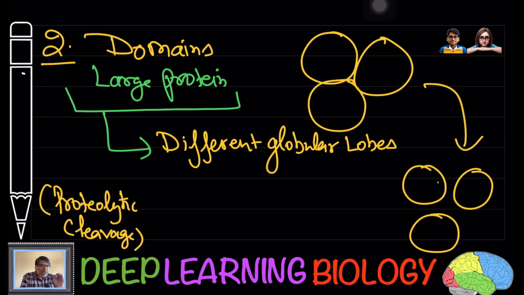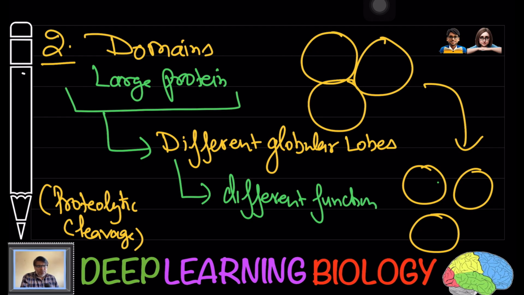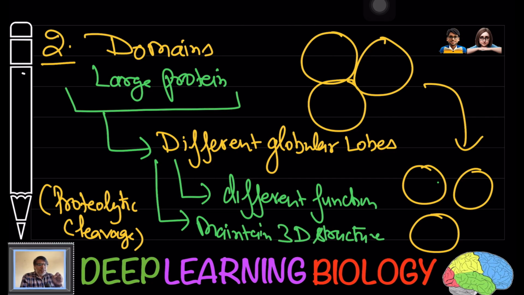Now try to see here, these globular lobes, even though they are separated, still maintain the same structure. Keep in mind, these different globular lobes are going to have different functions, and they are going to maintain 3D structure.